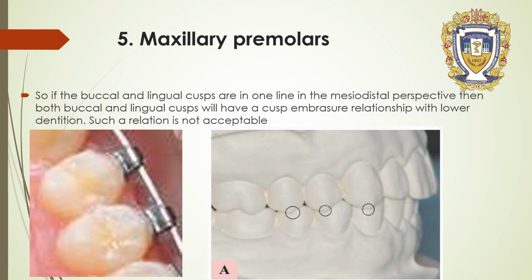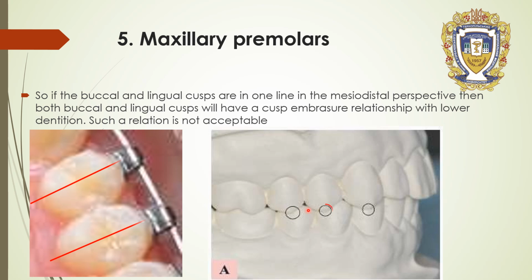So, if the buccal and lingual cusps are in one line in the mesiodistal perspective, then both buccal and lingual cusps will have a cusp embrasure relationship with the lower dentition. Such a relation is not acceptable. Please pay attention.